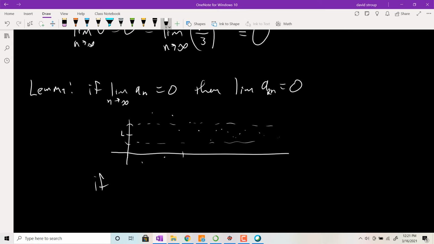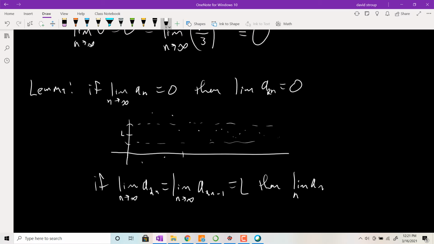Another fact: if the limit as n goes to infinity of a sub 2n equals the limit as n goes to infinity of a sub 2n minus 1, and that equals some number L, then the limit of a sub n as n goes to infinity will also equal L. The idea is that there exists some point n beyond which all of the even terms will be within that epsilon distance.